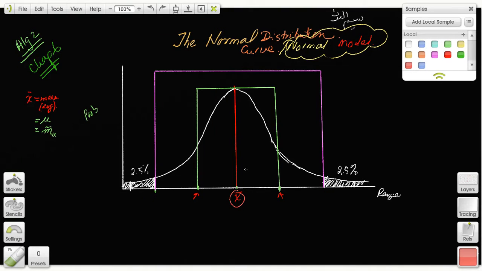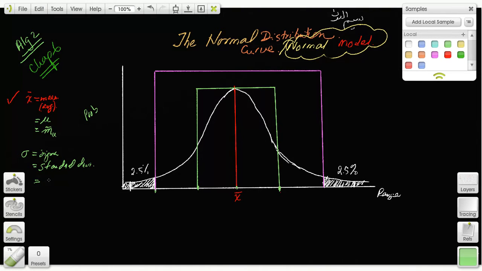Now, the symbol for standard deviation, so we've got the mean over here. The symbol for standard deviation is this. This is the Greek letter sigma, and that stands for standard deviation. Different books use different things.